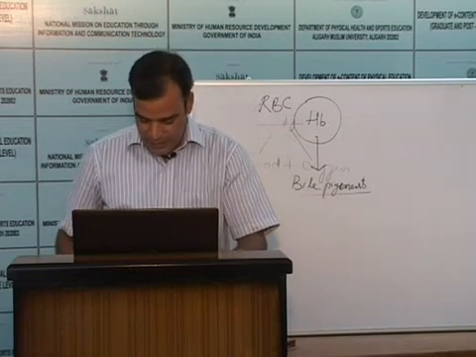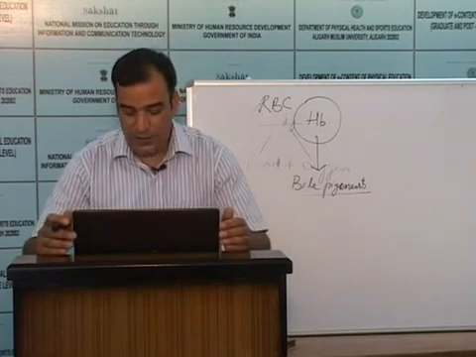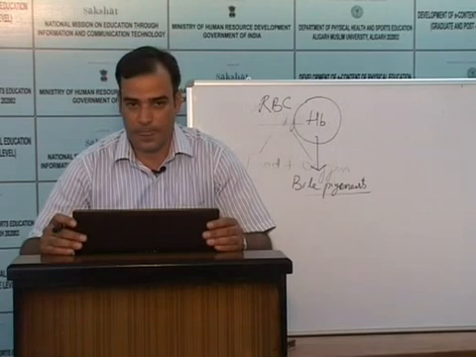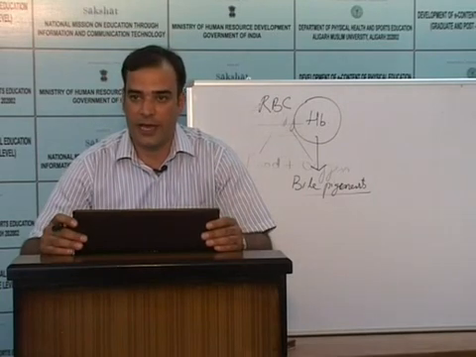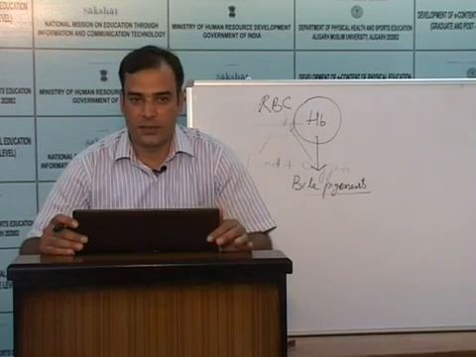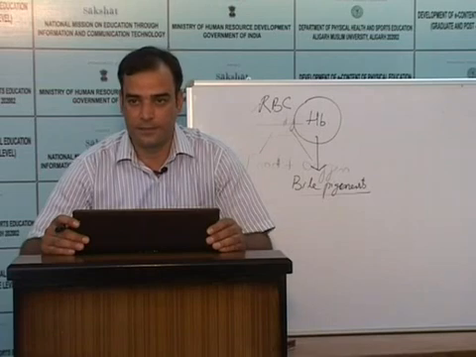Now first let us analyze and discuss what are the different organs that comprise the renal system. In the renal system we have a pair of kidneys, a pair of ureters, a urinary bladder and a urethra.